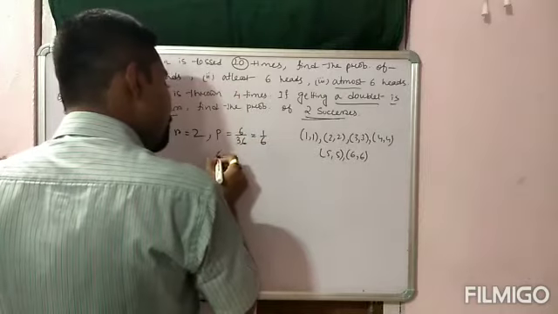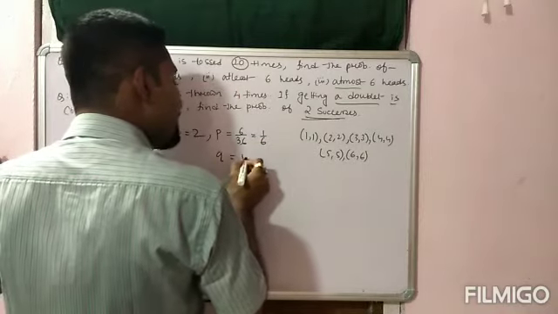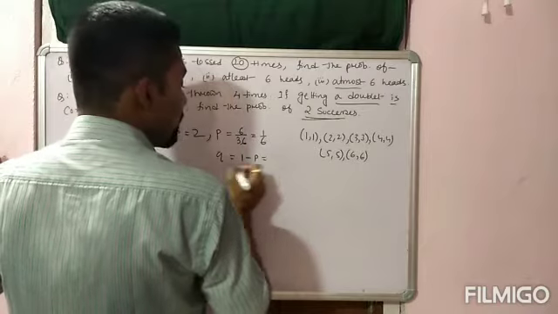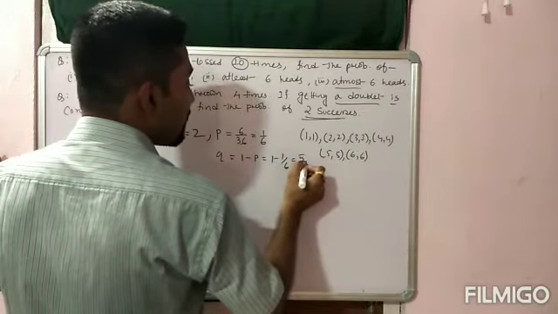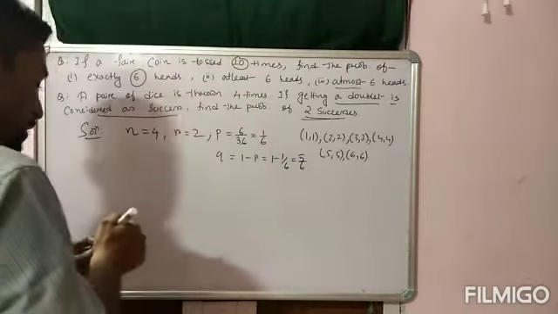So if you know the value of p, you can easily calculate the value of q. q is equal to 1 minus p, that means 1 minus 1 by 6, that means 5 by 6. This is the value of q.